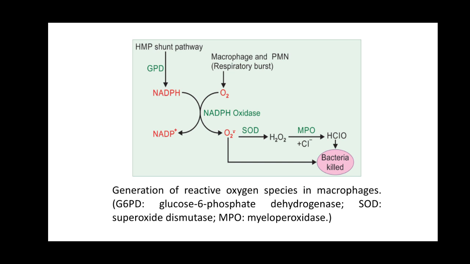And clearly we can observe how the respiratory burst takes place and releases free radicals that kill the bacteria. So superoxide is converted into hydrogen peroxide by SOD, and in the presence of MPO, that is myeloperoxidase, peroxide plus chloride ions are converted into hypochlorous acid that kills the bacteria.